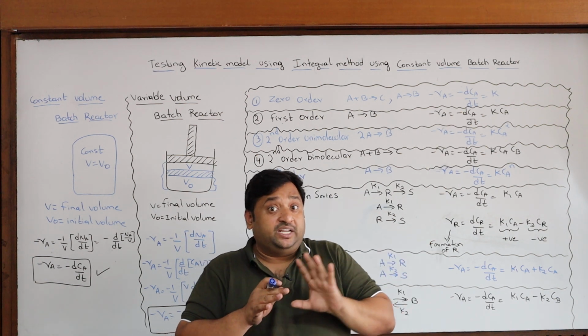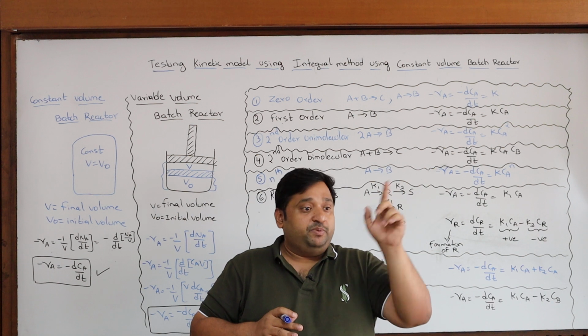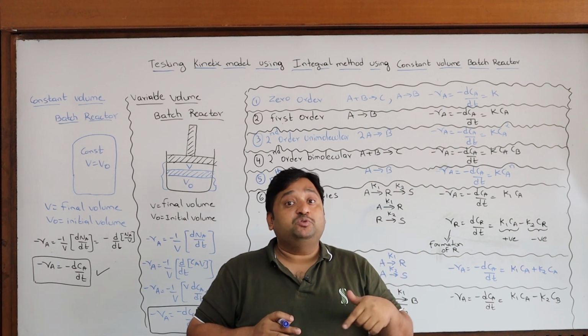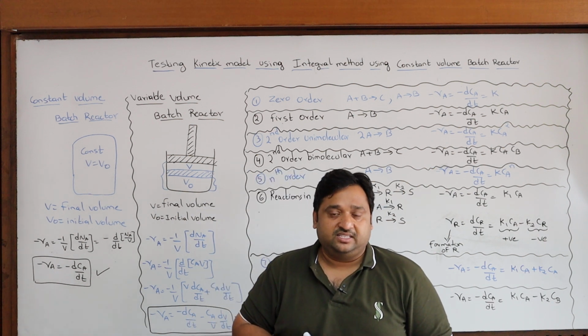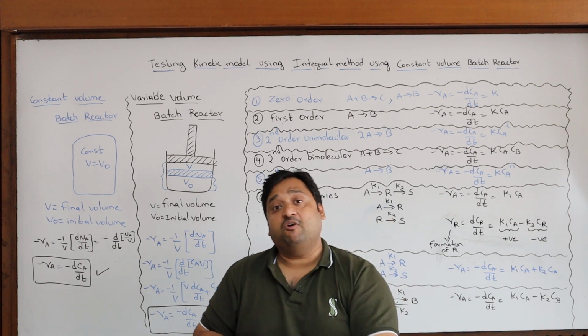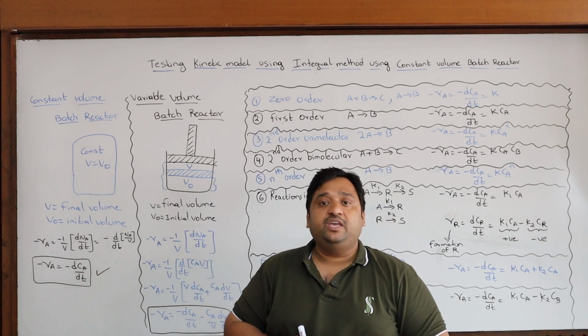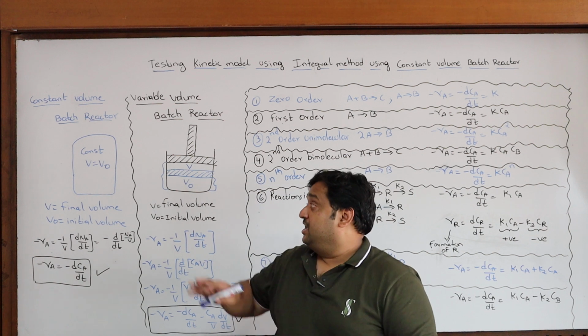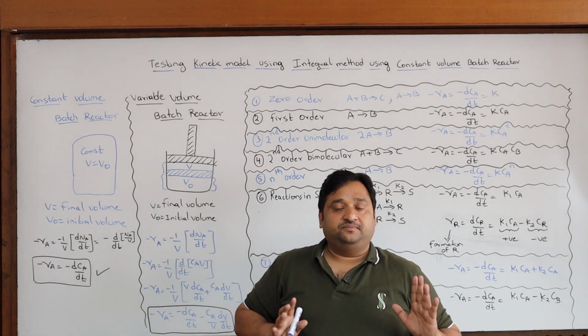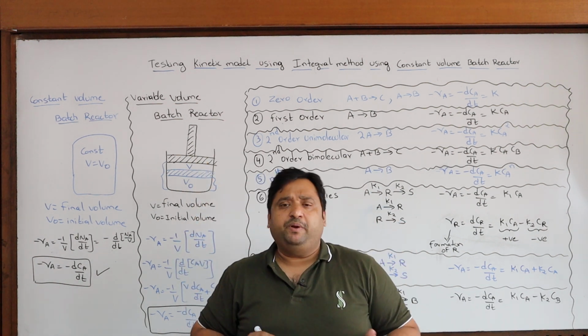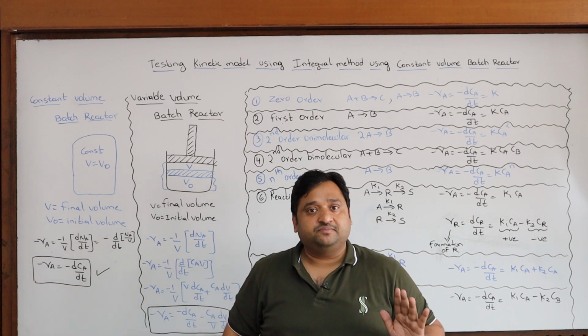Once you test whether it is zero order, first order or second order speed using the integral method of analysis, that is the whole agenda: to find out the speed of a reaction using the integral method of analysis in a batch reactor. Once you know the speed, you can design a reactor.